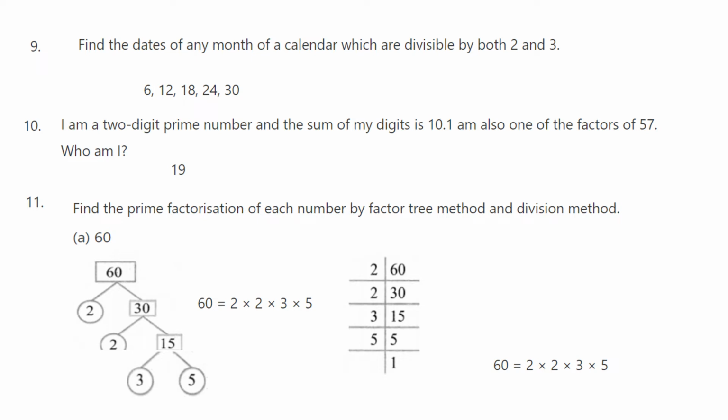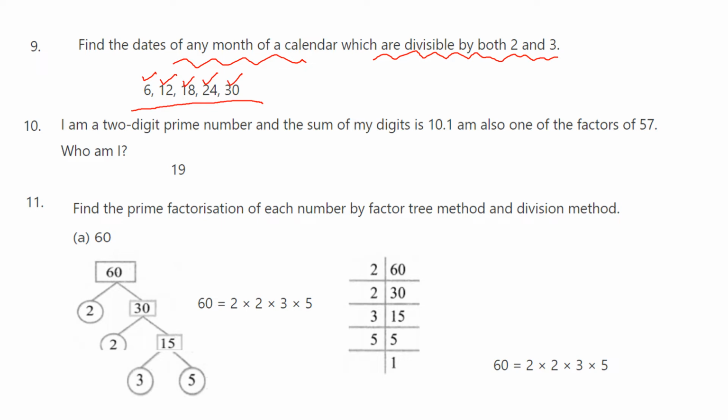Ninth one, find the dates of any month of a calendar which are divisible by both 2 and 3. So if we take multiples of 6, that is 6, 12, 18, 24, 30. These dates are in the calendar.